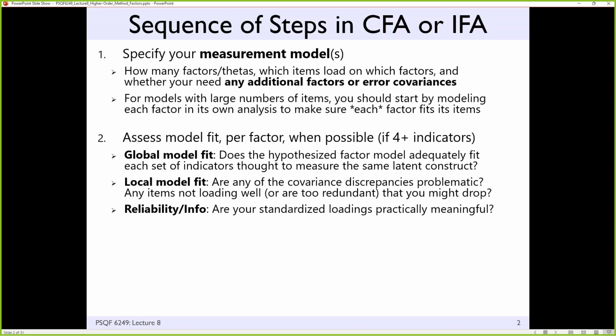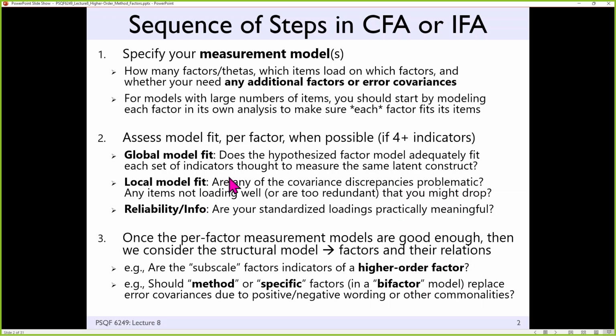So for each factor, I would assess global model fit. I would try to assess local model fit. Whether or not I have global fit, I would also still look at these local mispredicted relationships, and then try to get a sense as to how reliably each of the factors is measured. Once you are at this point where all of your measurement models are good enough, then you can consider the structural model and put all the factors together at the same time.